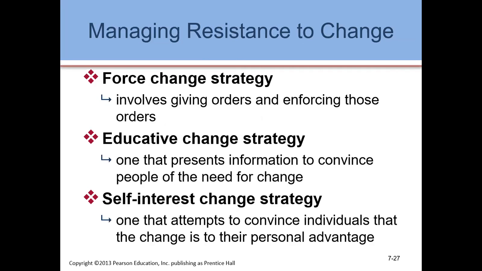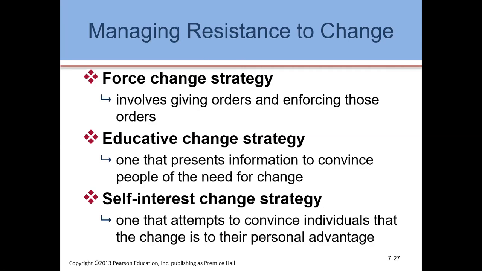Now, once the strategy is implemented, once the execution is underway and operational concerns are arising, people will be resisting change. So how do we manage resistance to change? There are certain aspects. First of all, we look at the forced change strategy, which involves giving orders and enforcing those orders.